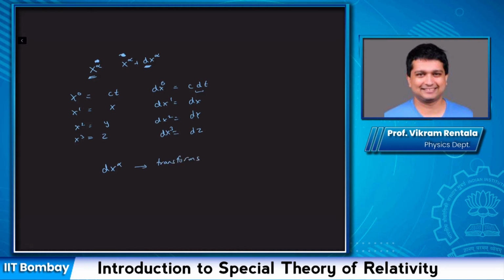And one thing should be obvious is that dx alpha is the difference in the space-time 4 vectors of its new space-time coordinate and its old space-time coordinate.